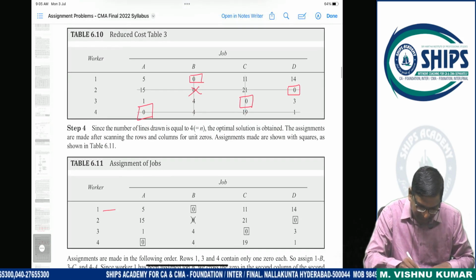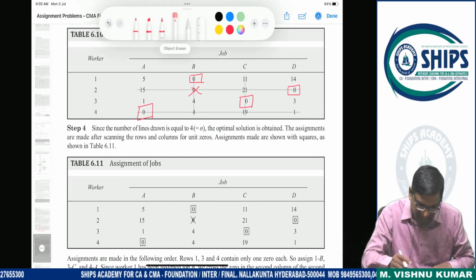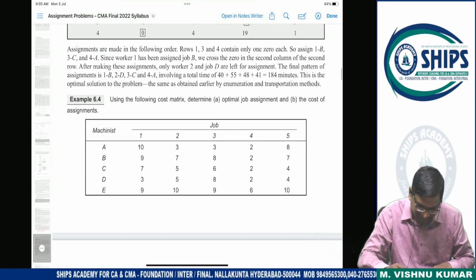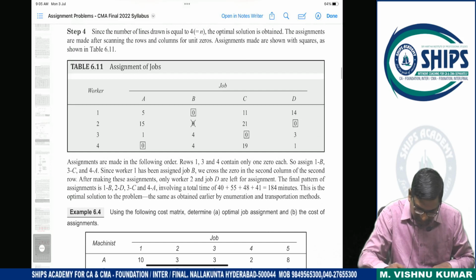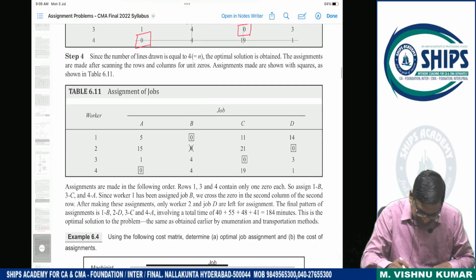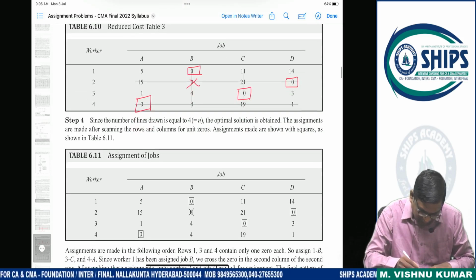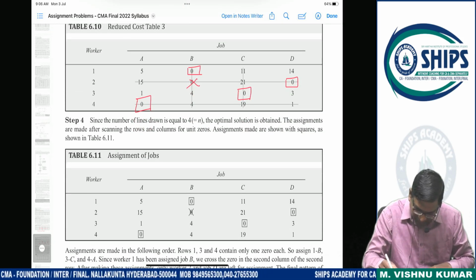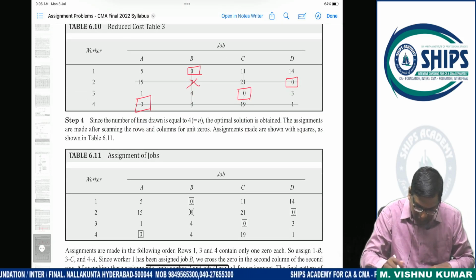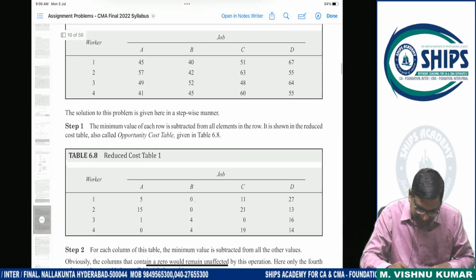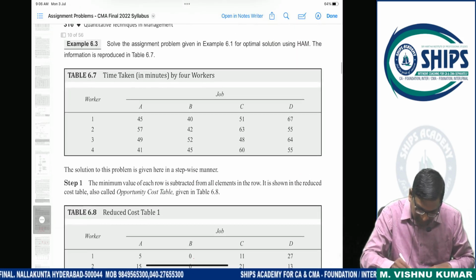Worker 1, ये अगले स्टेप में आएंगे सर. Okay. So worker 1 is getting job D. So original time how much? 40.